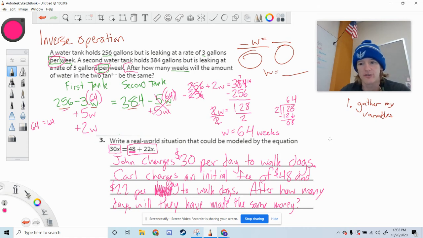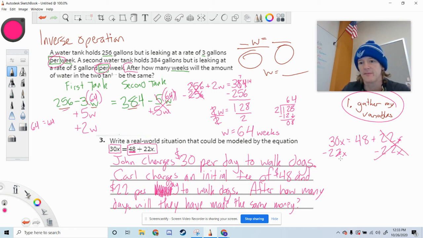And now I want to solve this. So we're going to do 30x equals 48 plus 22x. I need to gather my variables. I need to get the x's on the same side. Minus 22x, minus 22x. So those cancel off. 30 minus 22 is 8x equals 48. One more step. I have 8 times x, so I need to divide by 8. I get x equals 6, because 6 times 8 is 48, so 6 days.